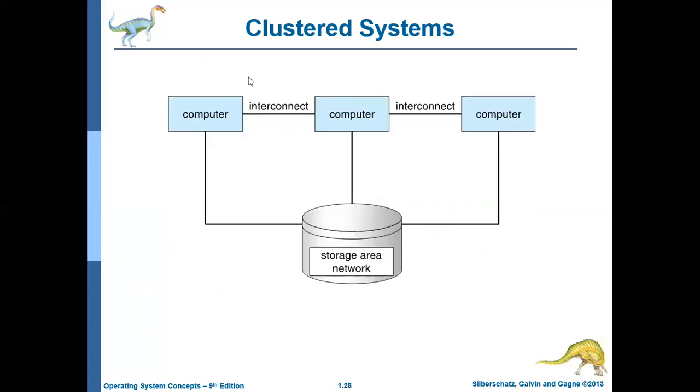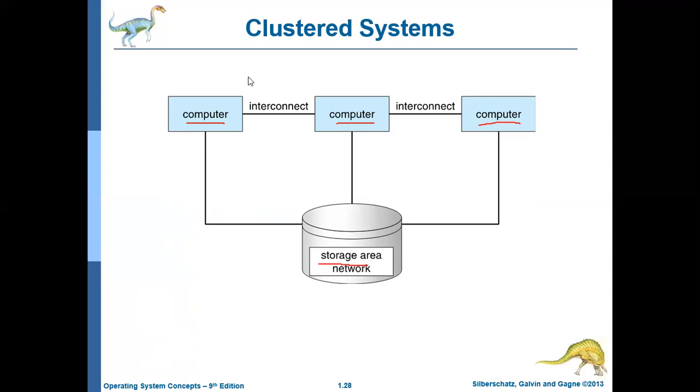So this diagram basically explains the concept of storage area network. Here you have a computer or a node. This is computer 1. You have another computer, node 2. You have another computer, node 3. These computers are interconnected, and they may be separated by several kilometers, but still they are sharing the same storage.